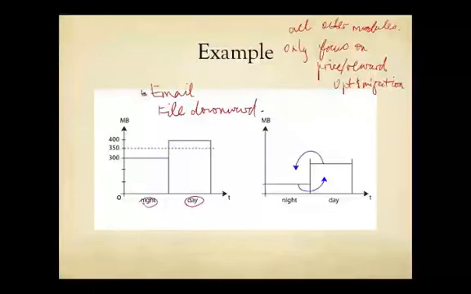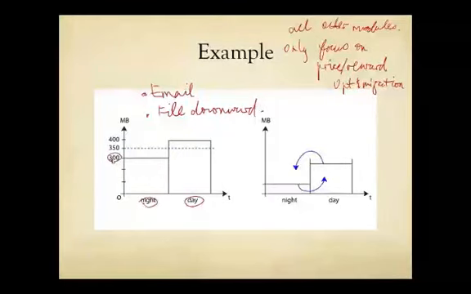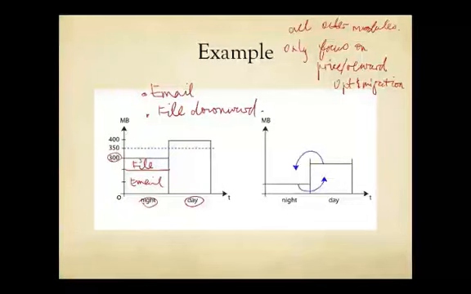Email is a representative of the delay intolerant traffic, and file download a representative of delay tolerant traffic. And suppose at night the total capacity demand is 300 megabyte from a small pool of users in the neighborhood. And 200 out of that 300 belongs to email, and the one remaining 100 megabyte belongs to file download.